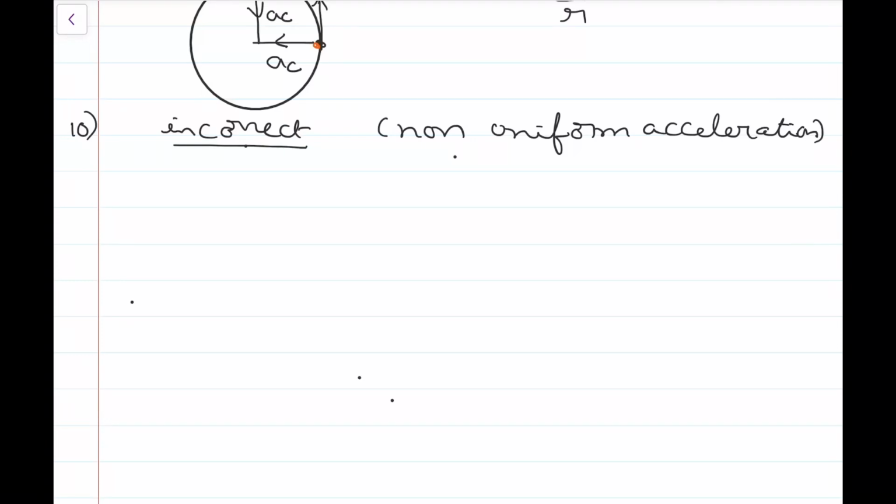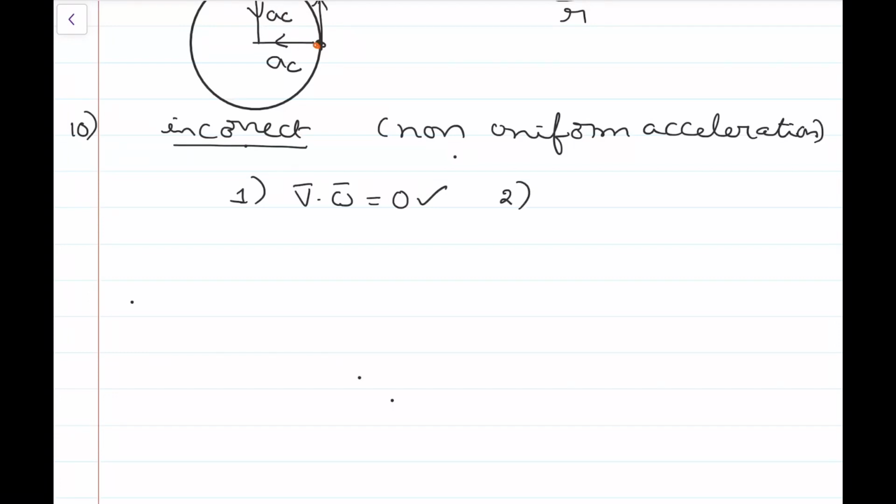Option 1 is v bar dot omega bar is equal to 0. Actually, v bar is tangential and omega bar is perpendicular to the plane. As the angle between v bar and omega bar is 90 degrees, this statement is correct. We have to identify the wrong statement.